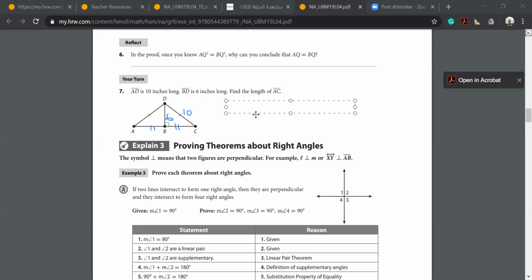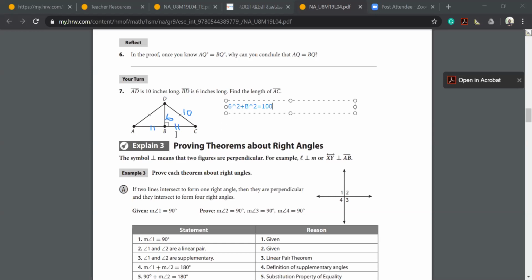So 6 square plus B square, which is unknown, is equal to 10 square, which is 100. And then what should I do? B is unknown. I have to find the answer and shift it to the other side to find B. I already solved it for you, but you just have to complete it and find the answer.